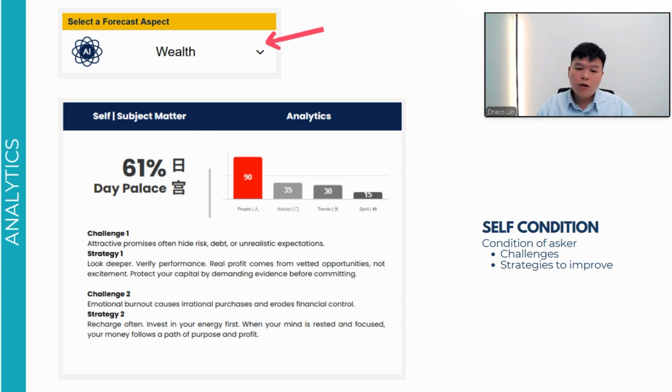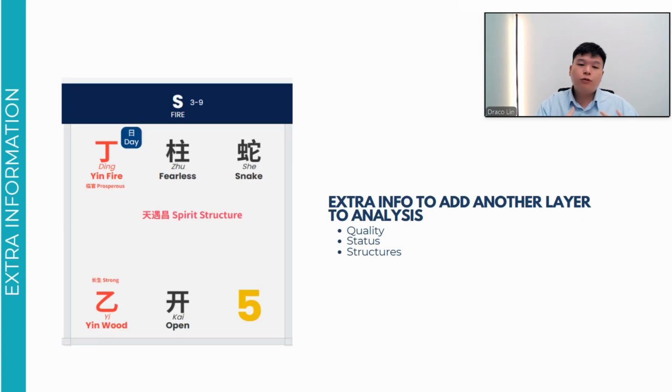All right, so of course you need to know how to read the chart. So in this case, you go back to the own respective palace itself, and that's where you need to know all these different parts, different variables, and that, together combined with the analytics, you can come up with a very good storyline. Okay, so additional information like the quality of the variables, the status of the stems, the additional structures, whether it is positive or negative, yeah, all will be there for you.